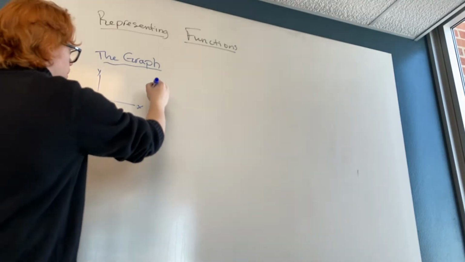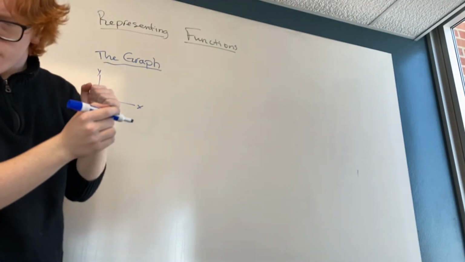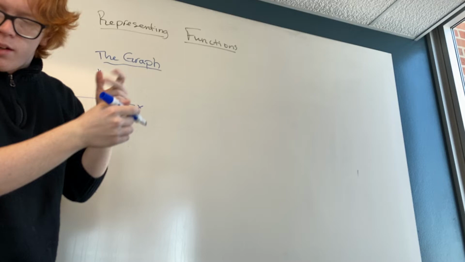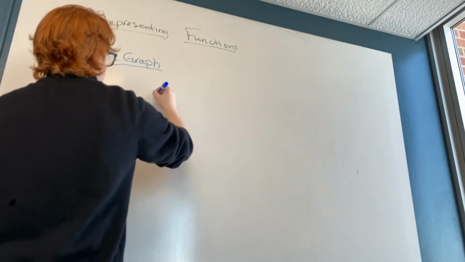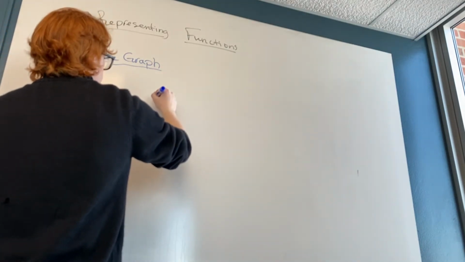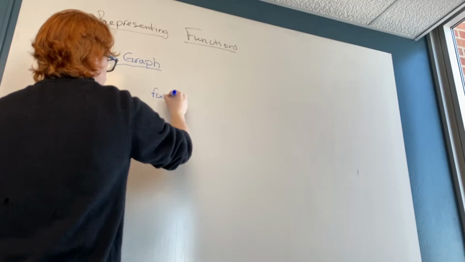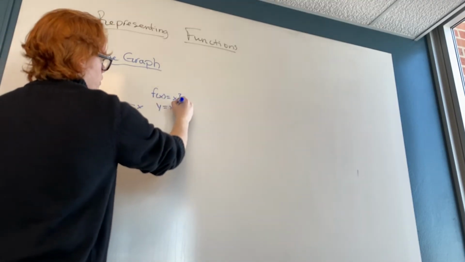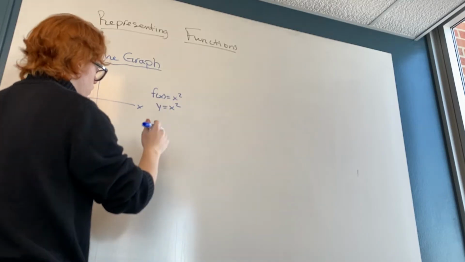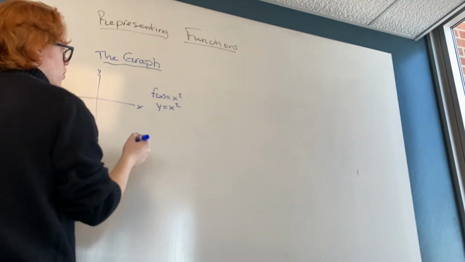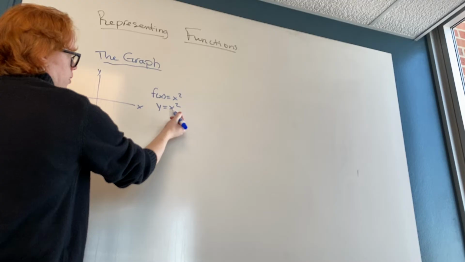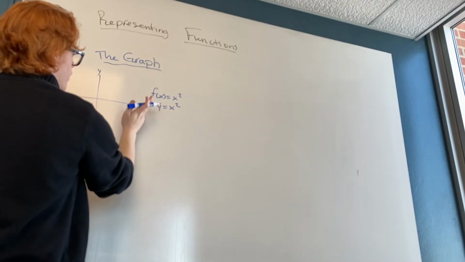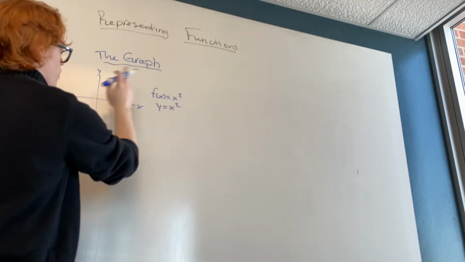So, for example, let's say we have the function f of x is equal to x squared. And remember, this is the same as y equals x squared. What we could do is take any value of x, from negative infinity to positive infinity here.